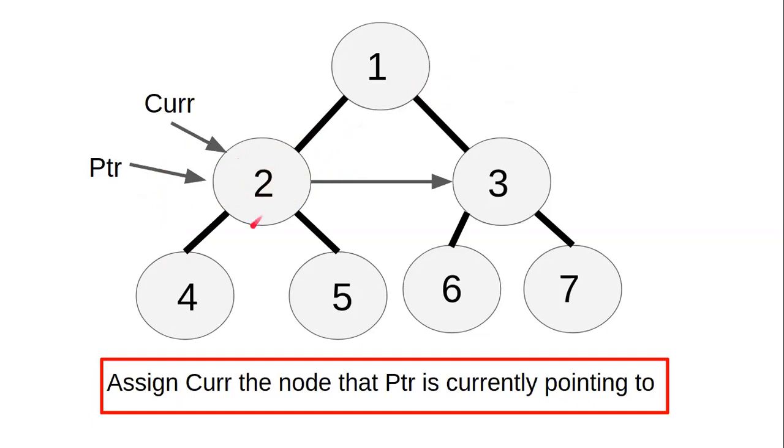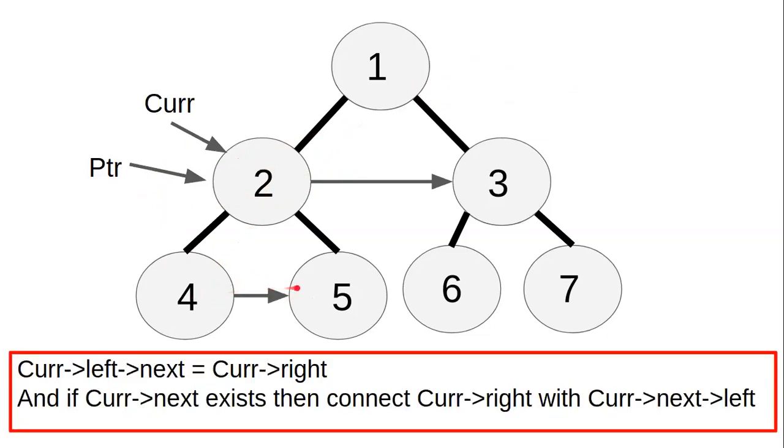Now the job of current is to connect 4 and 5. Now it has done its work. Now the second check is whether my next node is existing or not. It found that it is existing. So it will simply connect the right child of 2 with the left child of 3. How?